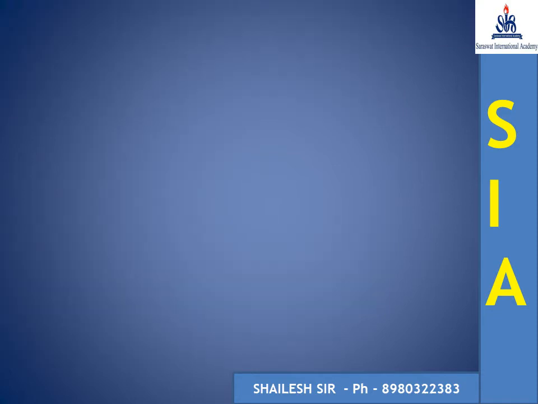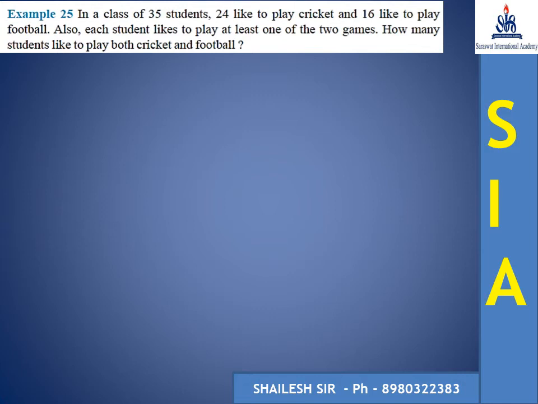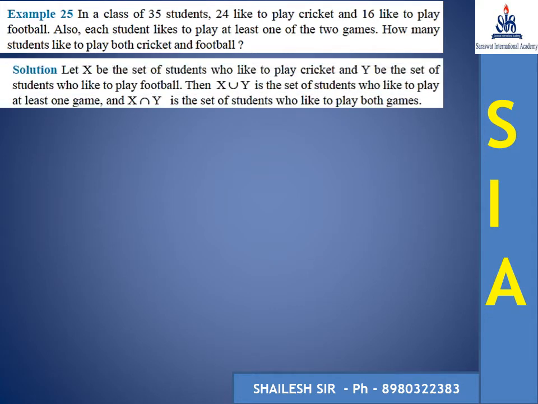Yes students, next. In question 25, there are a total of 35 students in a class. 24 like cricket and 16 like football. Given that at least one of the two games is played, how many play both cricket and football?